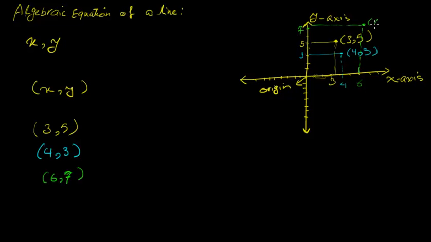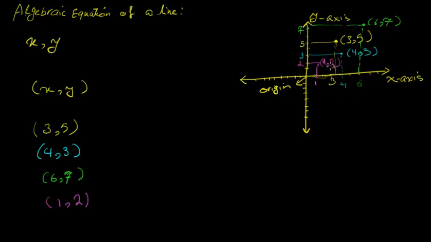Here is our 6 and 7. Let's say we have 1 and 2. Then x is 1 and y is 2. We locate them and here is the 1 and 2 point. So this is how we locate our points on the coordinate plane.